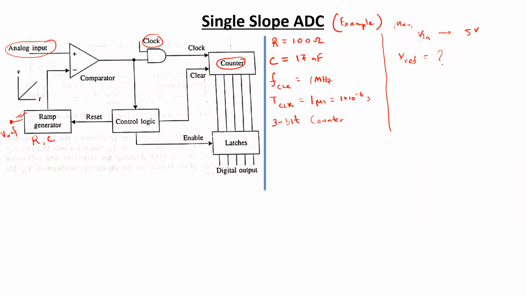Before proceeding further, let me write down two formulas of the conversion time for the single slope ADC that was discussed in our last class.